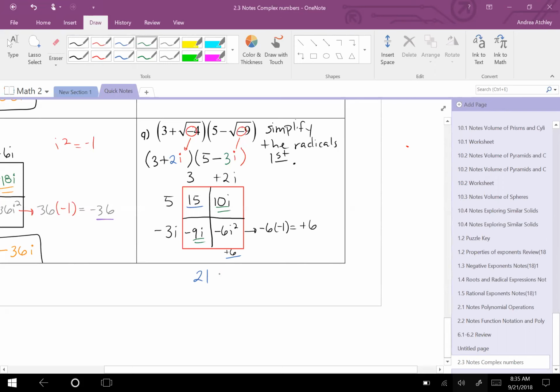I'm going to subtract and get positive I, or 1i. You don't need the 1 in front of the I. It's assumed. Any questions over that? We're all good? Okay. How do I get I? 10i and negative 9i. Okay.